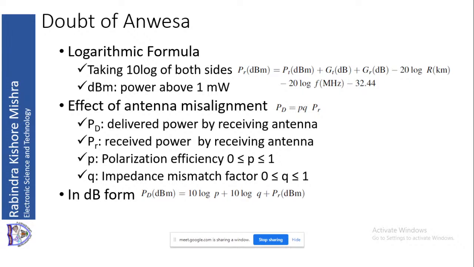Similarly, you will find a radar range equation when you read radar. I have left that deliberately because you have a course on radar. If you take radar, they will consider the radar range equation, etc. I have left those things deliberately.